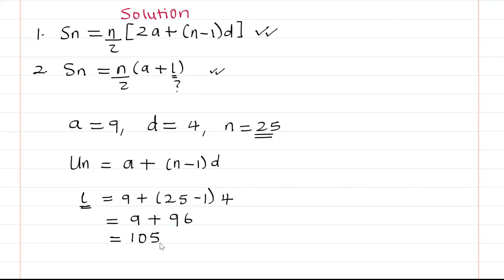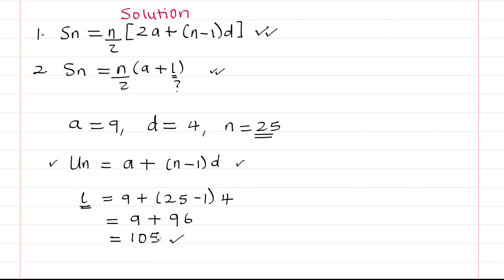So the last term of the terms we are adding is in position 25, and that number is 105. That is the meaning. This is the last term of the first 25 terms, starting from 9 up to 105. So this is how we get the last term. It is just the same formula for the nth term.